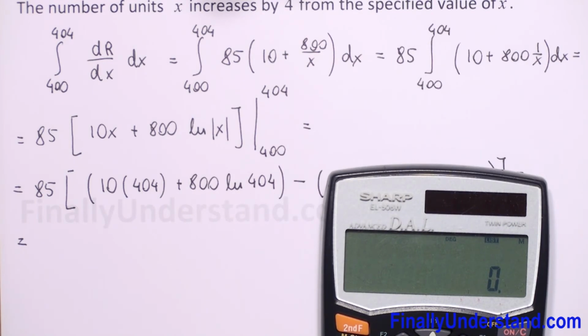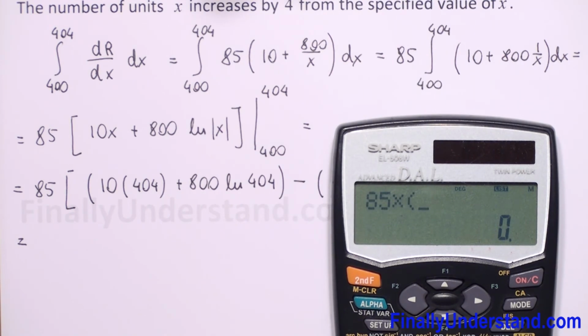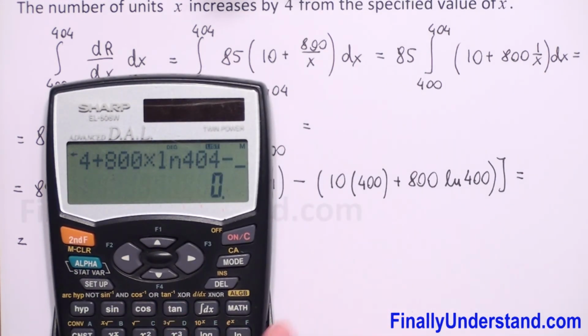We have 85 times, and in parentheses we will have 10 times 404 plus 800 times natural logarithm of 404, and next we have minus 10 times 400, and negative and positive give me negative, so we have negative sign, and we have 800 times natural logarithm of 400 close parentheses.